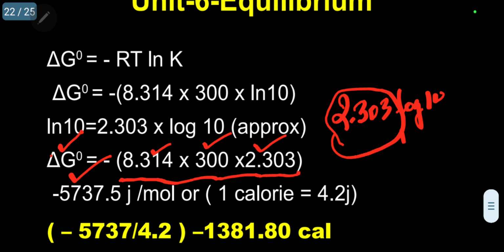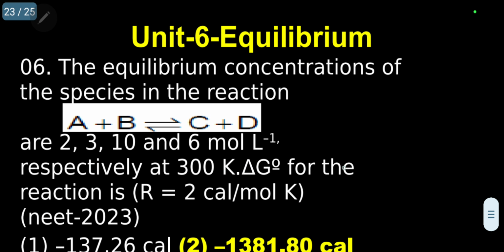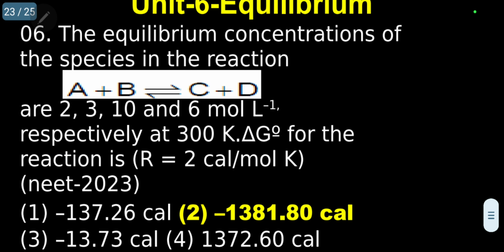But the answers are given in calories. What is the relationship between joule and calorie? 1 calorie equals 4.2 joule. So divide this entire joule value by 4.2, and we will get the calories, minus 1381.80 calories, which is the correct answer. So option 2 is the correct answer.